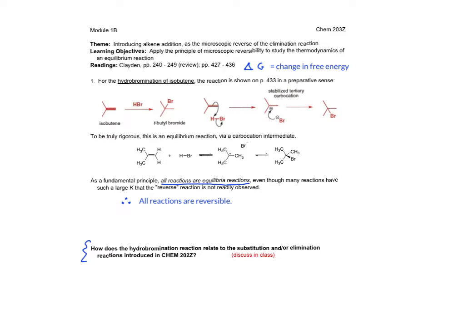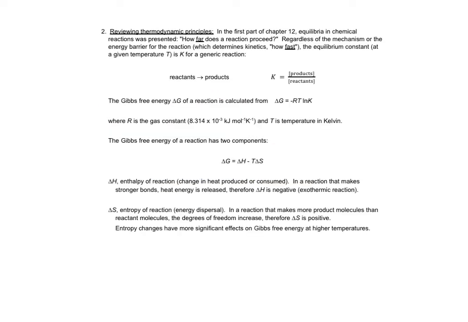Turning to page 2 of the worksheet, this briefly reviews thermodynamic principles from last semester. In particular, note that the equilibrium constant is the ratio of the concentration of products versus the concentration of reactants.